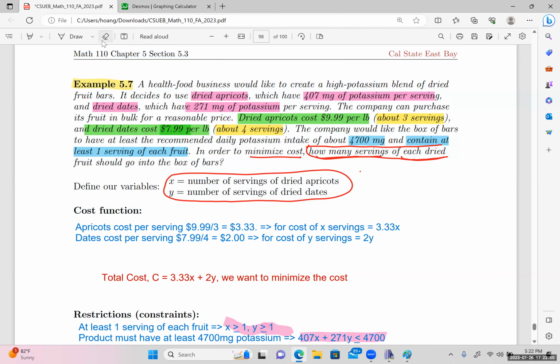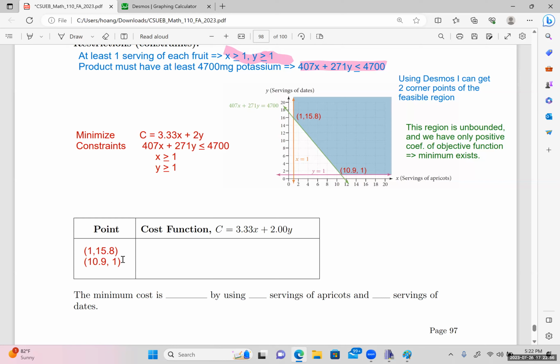Maybe I need to separate it better. So let's separate it.